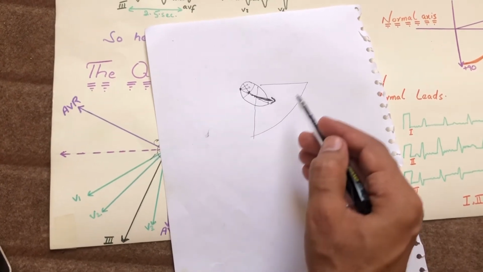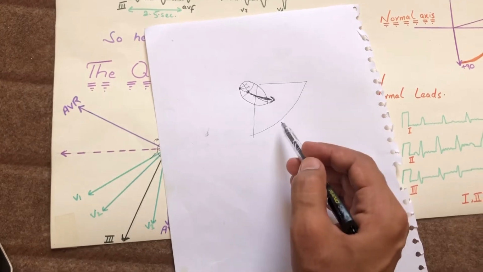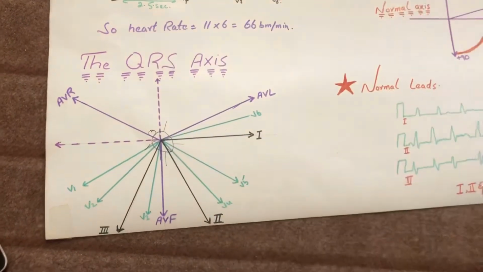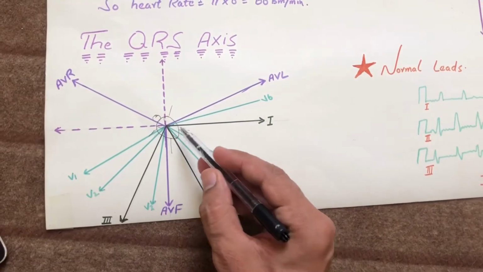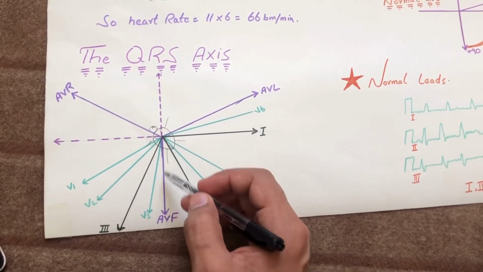This area can be shown in the ECG by lead number 1, lead number 2 and AVF.